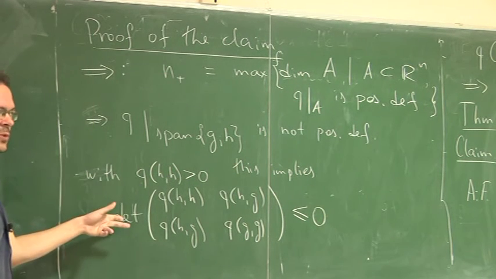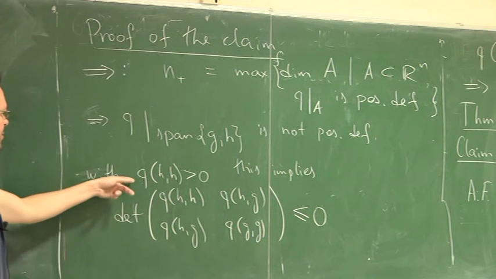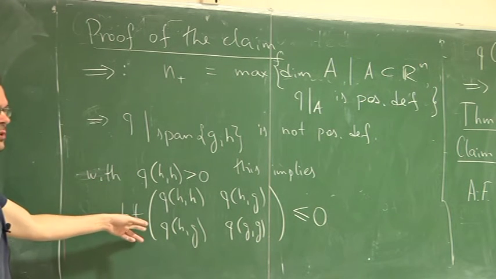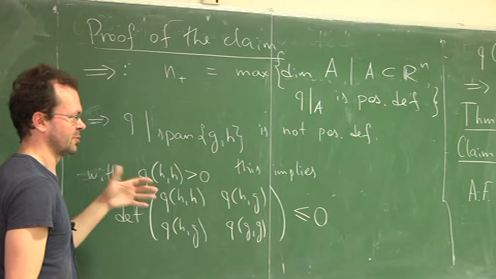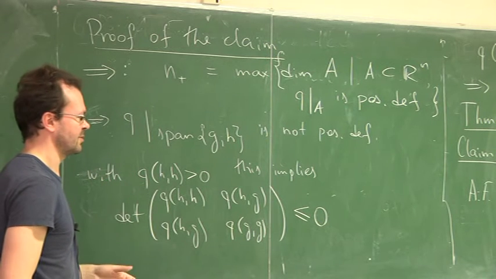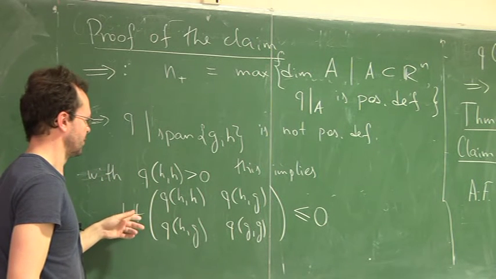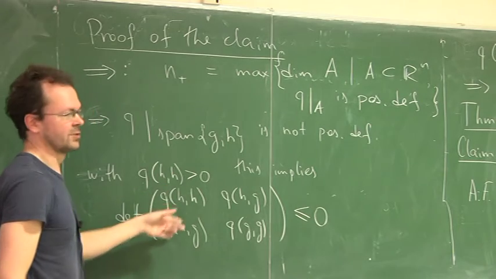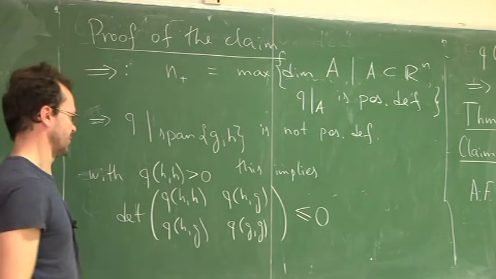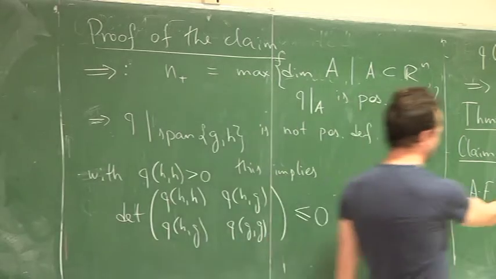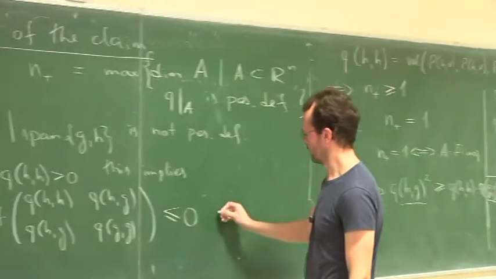We have a quadratic form on a two-dimensional space which has at least one positive vector, but is not positive definite. If this determinant were positive, the form would be positive definite. But the form is not positive definite, therefore the determinant is less or equal to 0. But that's exactly the Alexandrov-Fenchel inequality as written here.